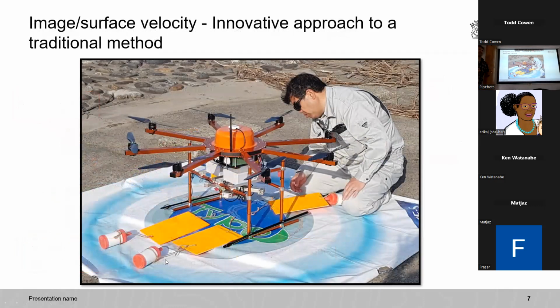And the evolution of those surface velocity methods with the imagery methods is an innovative approach to a traditional method. Now, you can see here using a drone to drop the floats instead of using the bridge. So it's evolved with the cameras and the development of those sensors.